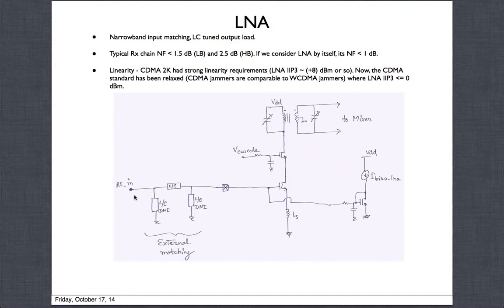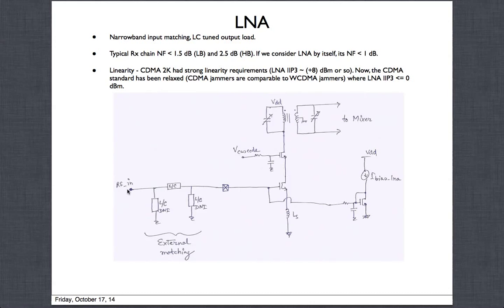It's pretty high, and there are actually even more bands coming up which need to support even more than 3 gigahertz. So there's a wide spectrum of different bands that has to be supported, and we cannot really do that with a wideband LNA topology. They are all done with narrowband matching. So they all use narrowband input matching, which is what we'll talk about here, and they also use an LC tuned output load. So let me go to this picture and say what I mean.